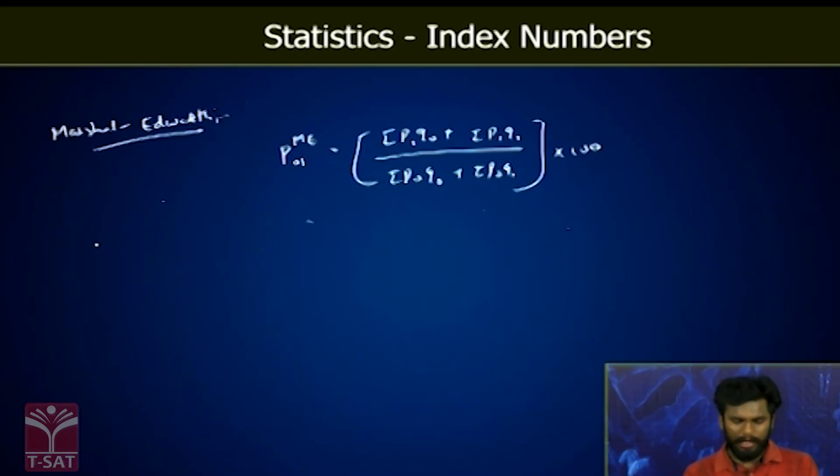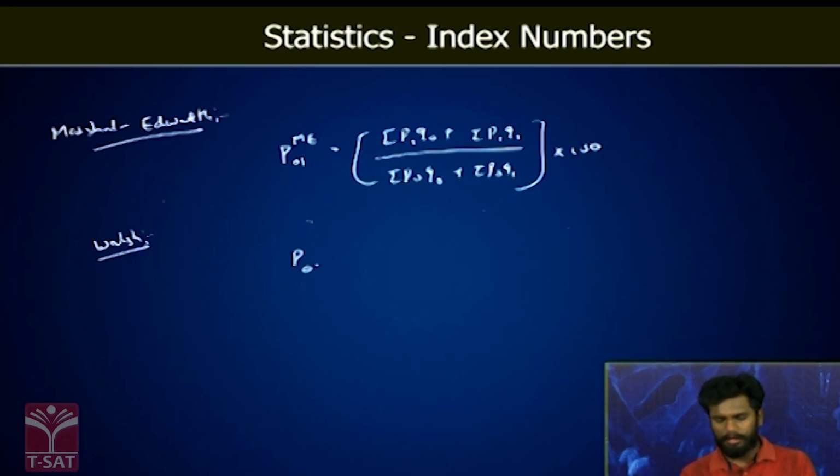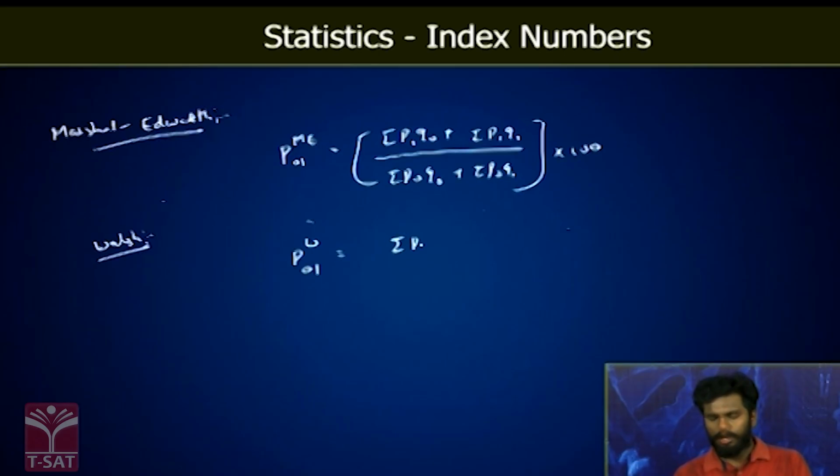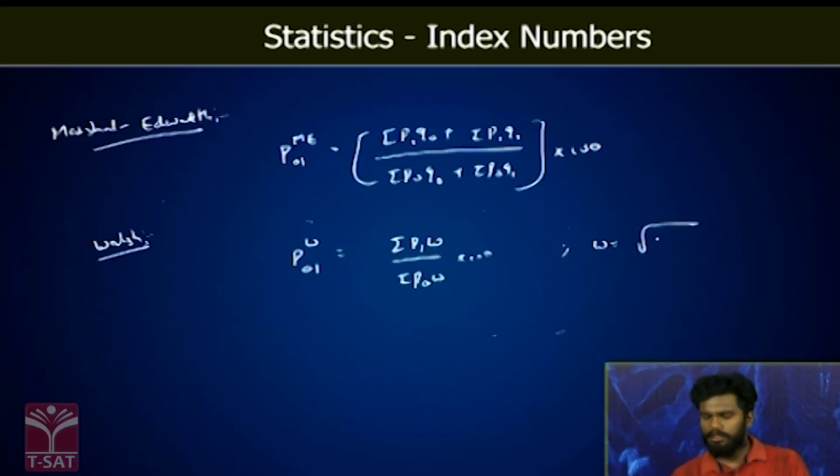The next we have the Walsh price index number, denoted by P01 W, given by summation P1 into W by summation P0 into W into 100, where W is equal to the square root of Q0 into Q1.